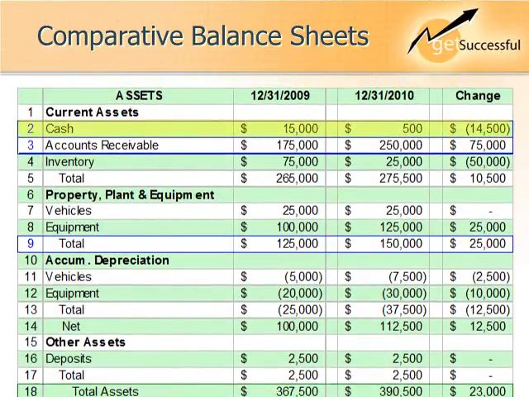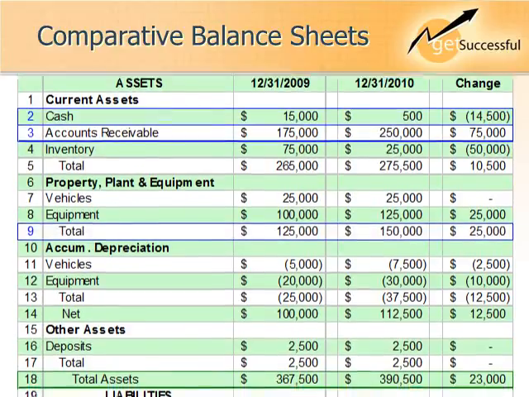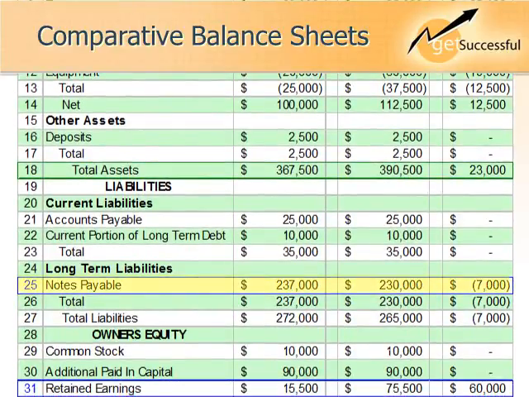On line 2, we can see that the company is moving to an illiquid position. Line 3 reveals an increase in accounts receivable. On line 9, we can see an increase in fixed asset purchases. Line 25 shows an increase in debt repayment.